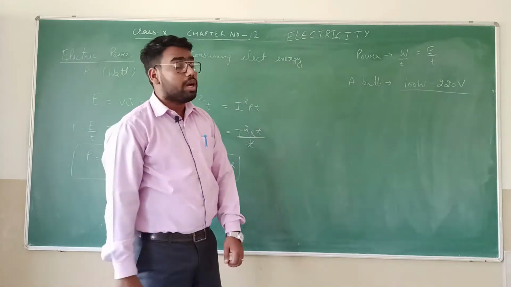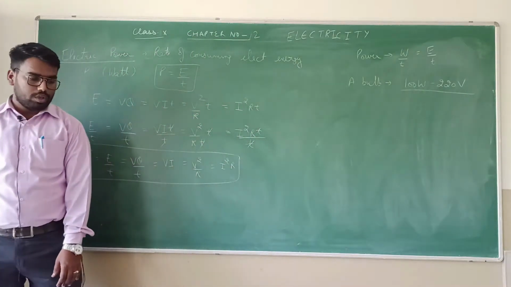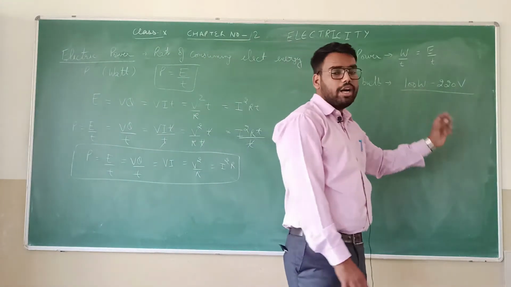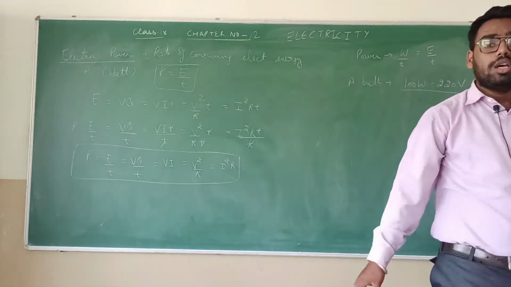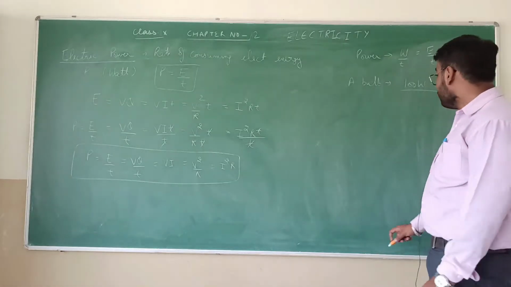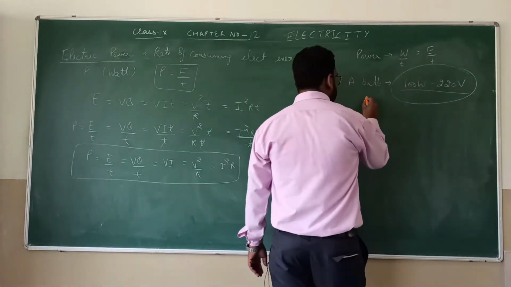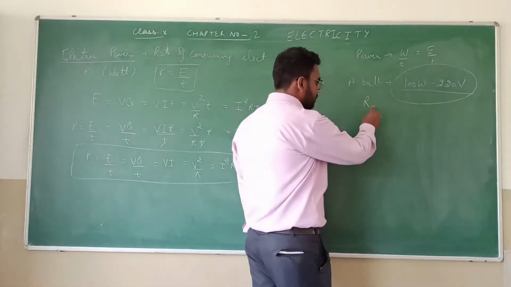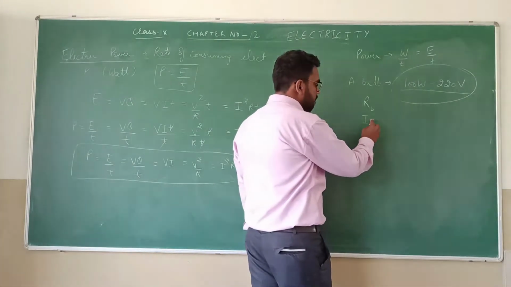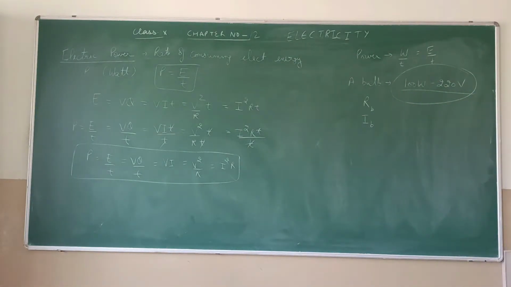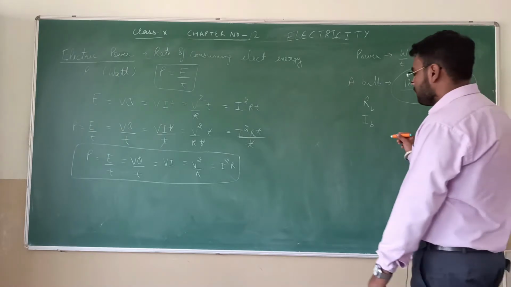That means if we apply a voltage of 220 volt across this bulb, the rate of consuming energy will be 100 watt or 100 joule per second. Using this data, find the resistance of the bulb and the maximum current that can be allowed to flow through the bulb.